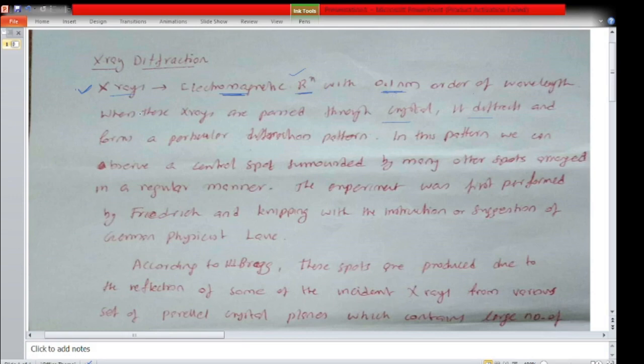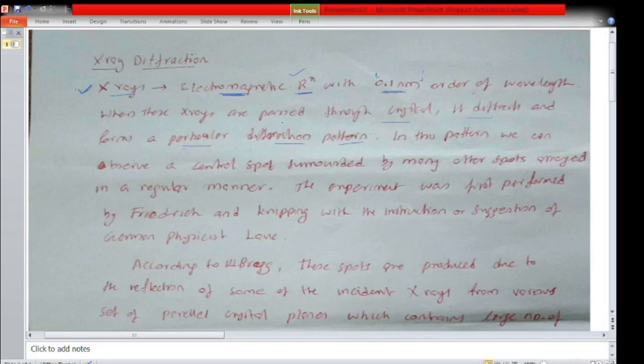And when these X-rays, which are electromagnetic radiations of this much wavelength, are passed through crystals, they will diffract and form a particular diffraction pattern.